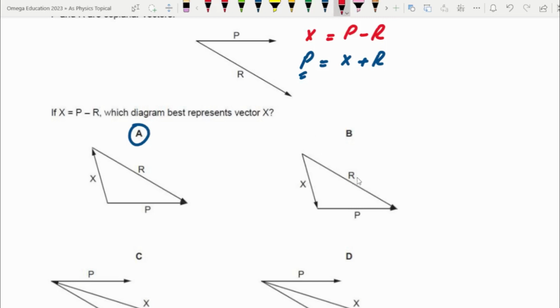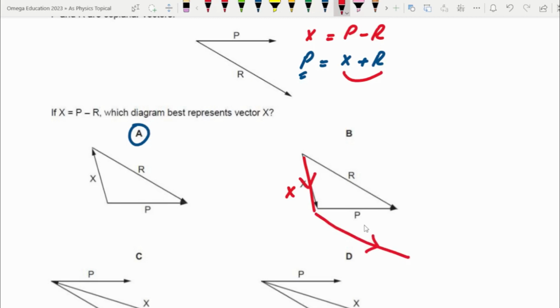Let's say why not B? Why do we not get B as the right answer? So the equation says you have to add vector X and R. So where's the vector X? Okay, over here. But then where's the vector R? The vector R had to be added at the end of the first one. So the vector R had to be in this direction.